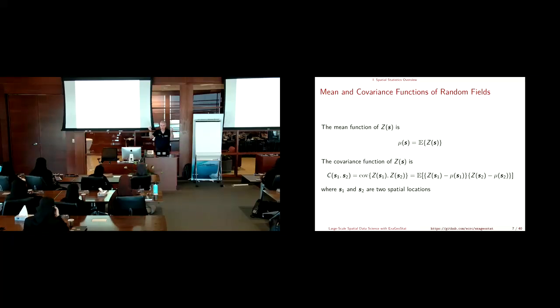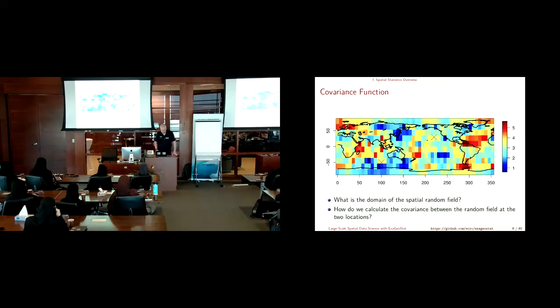Z is, for example, temperature, and you want to describe the covariance between temperature at location S1 and temperature at location S2. This, by construction, in general, is a function of the two locations S1, S2. And the definition of covariance, if you had a basic course on probability and statistics, is just this. So we'll be interested in modeling this covariance function.